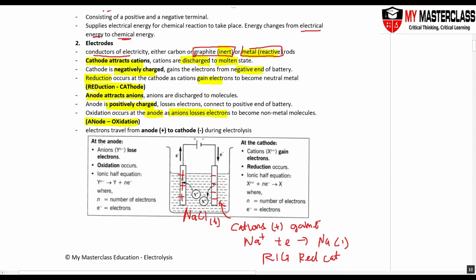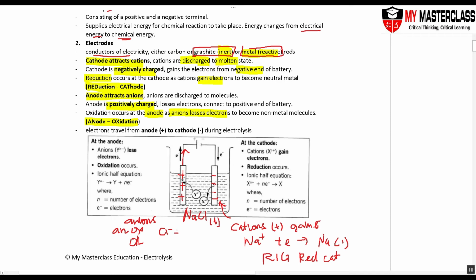And then another example, at the anode, what's going to happen? Anode attracts anions. And what will happen at the anode? An ox. So oxidation is losing the electrons. You can see your electrons flowing out. And what's the reaction that takes place here? What's your negative ion? Cl minus.